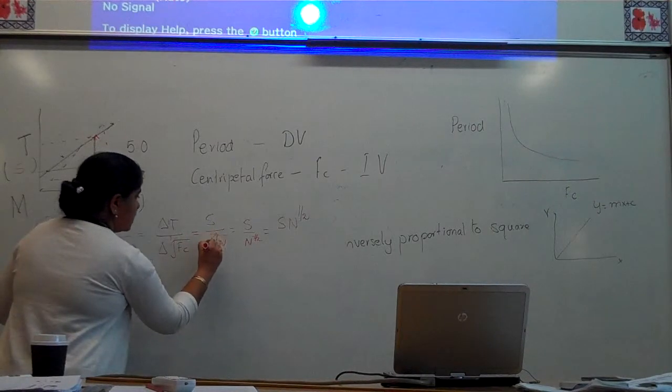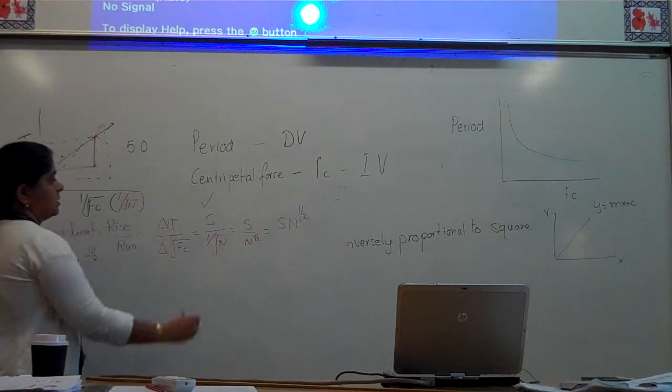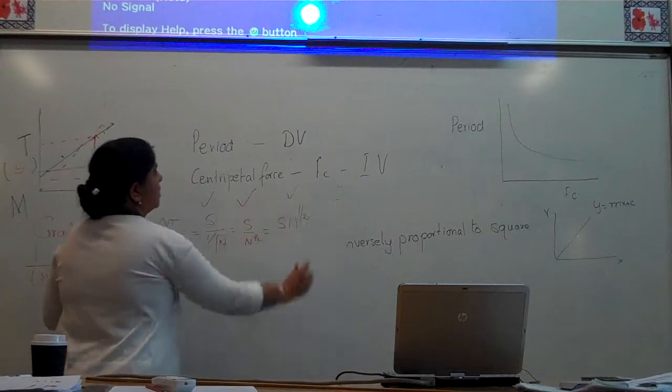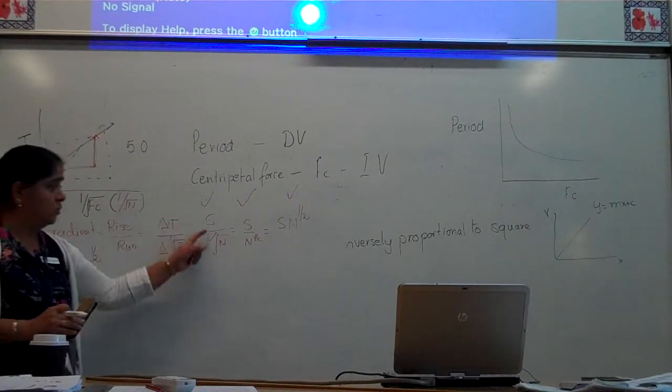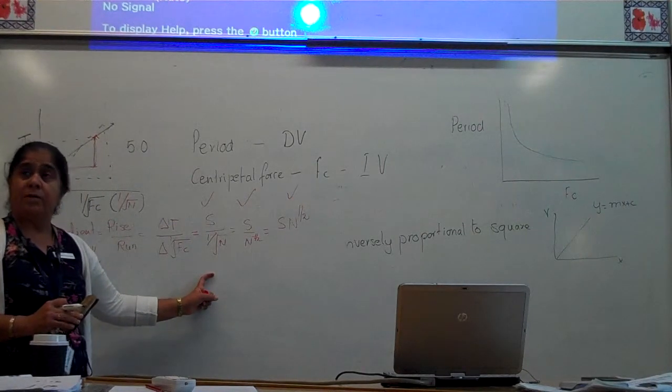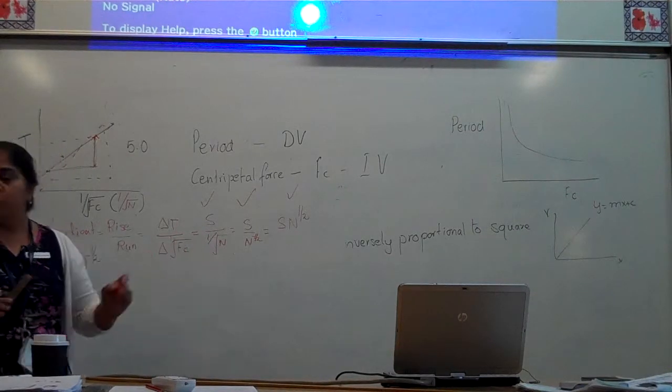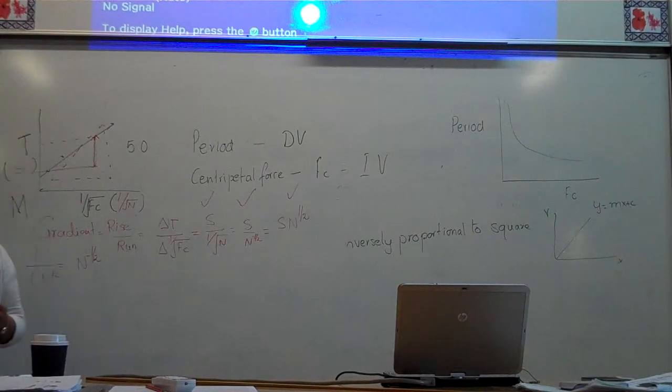Either of these you write is marked correct. If you don't want to simplify, fine, leave it there. But that's how the unit for gradients is written. You have done a perfect graph, a perfect calculation for the gradient, you have worked out the error line, gradient, everything, but if you cannot write your units, you will not get the mark. So the unit is important.